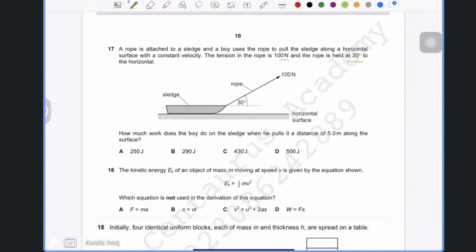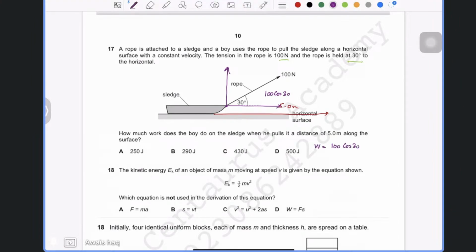How much work is done when it's pulled 5 meters along the surface? The issue is that the force and the displacement are not in the same direction, so we have to find the parallel one. We make two components, and the parallel one becomes 100 cosine of 30.